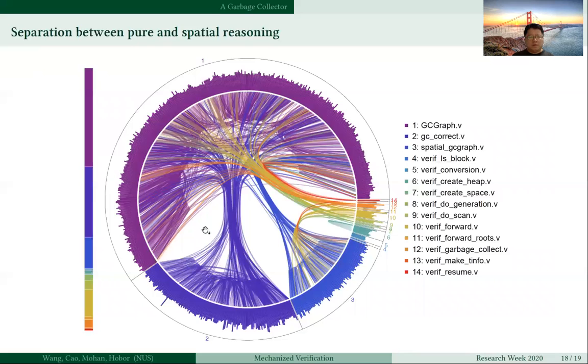As we can see, they can be roughly classified into several categories: the pure mathematical properties of the garbage collector graph, the spatial graph, theorems about the graph, and the proof of each function. And this one is a standalone functional correctness proof. That's all. Thank you.